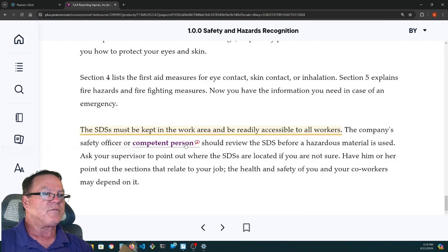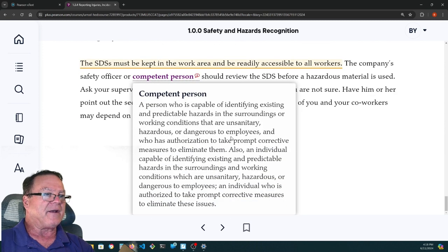And you see that word "and." And has authorization to take prompt corrective measures to eliminate them. So the way I always say it in class is, all 15 of us went to a class and learned about a certain safety procedure. Either it's ladder safety or fall harnesses or chemicals or eye protection.